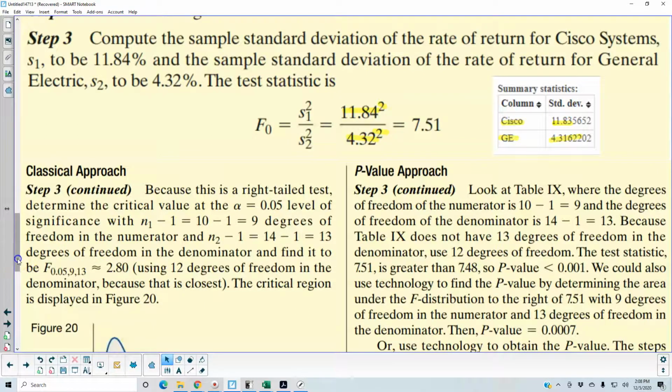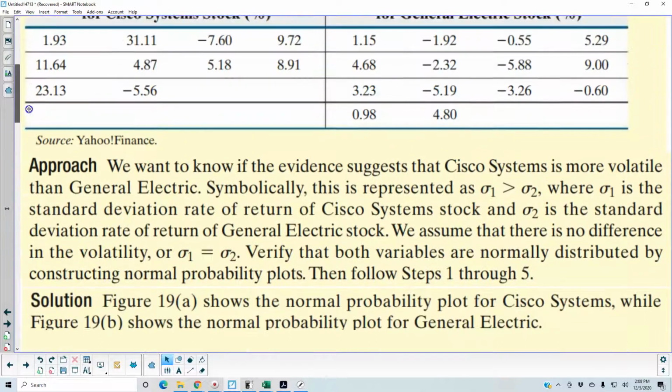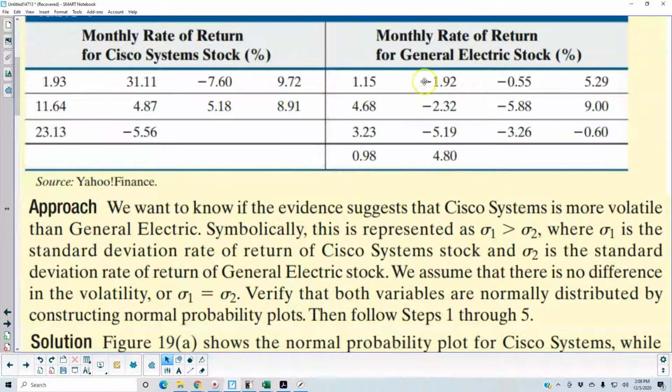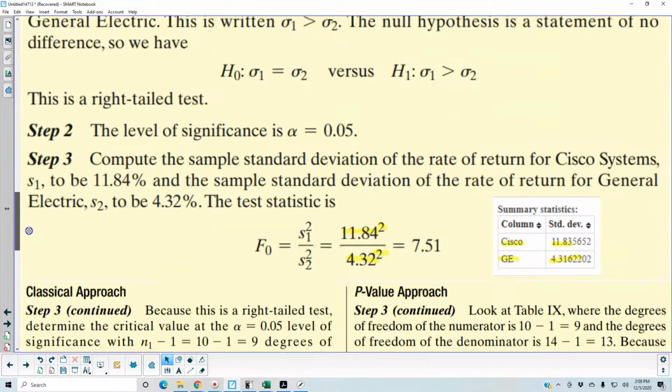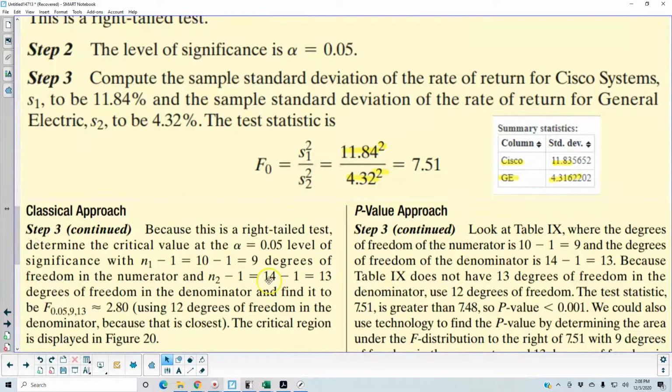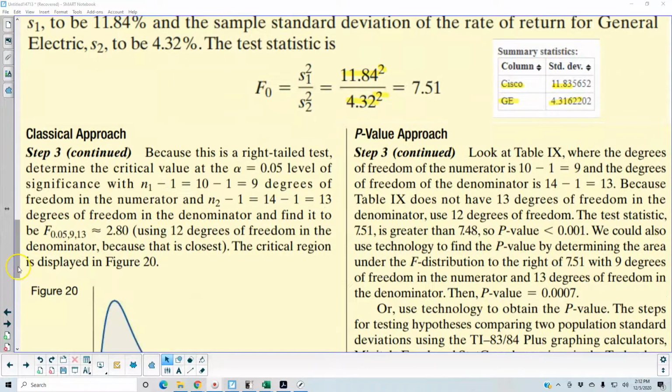And then we want to go back up and count how many items we have for General Electric stock. If we count up all the data in GE, we have a total of 14. If we subtract 1, that gives us 13 degrees of freedom in the denominator.